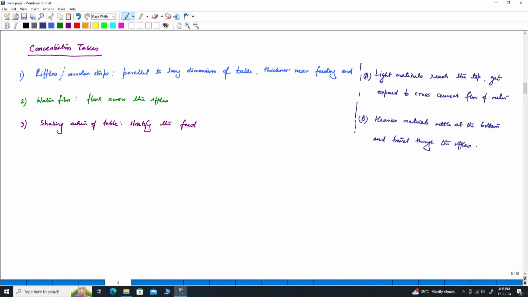So based on what we wish to separate and whether these particles have a variety of densities, the shaker table is an amazing device that helps us in separating out these different particles one from the other.